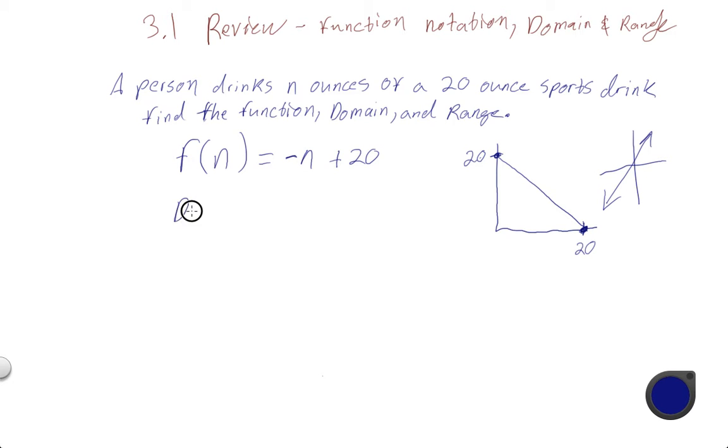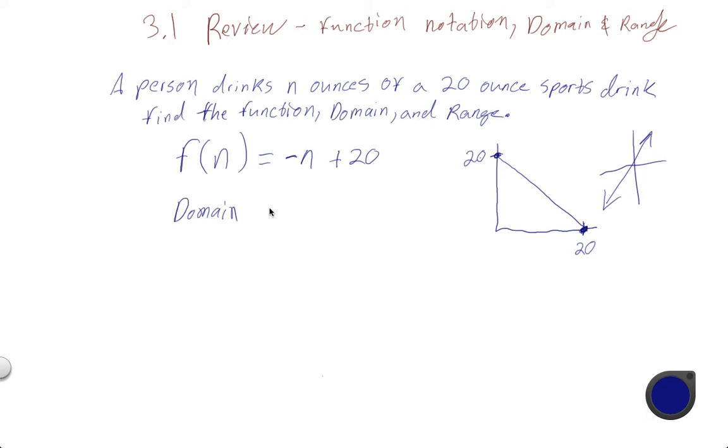So with the domain, we need to think about, is this a continuous or a discrete domain? By continuous, I mean, can I use any of the x values in the domain, or am I limited to whole numbers? And if we're talking about ounces, really I can use fractions of ounces, and so really I can use any number of ounces.